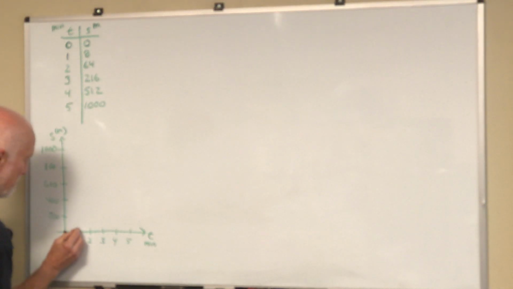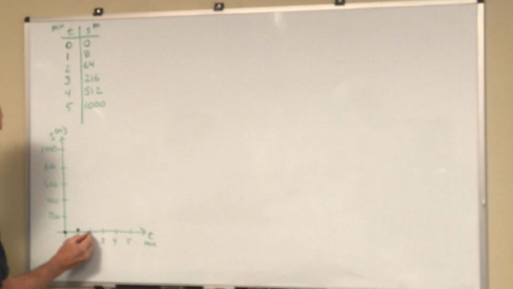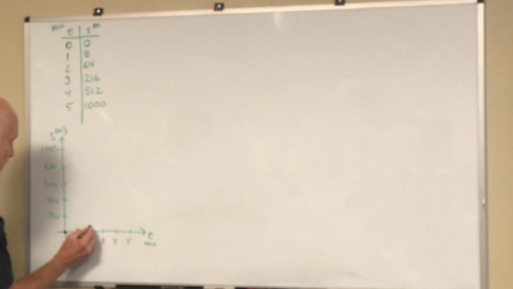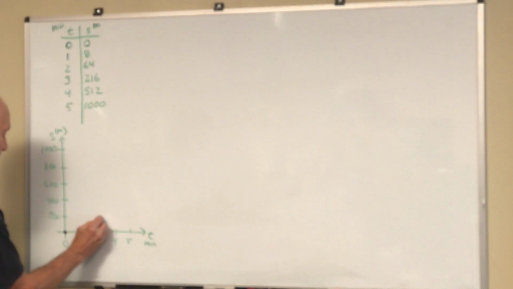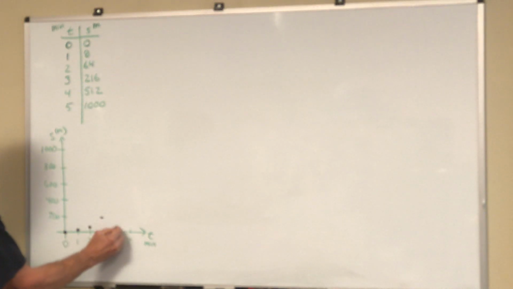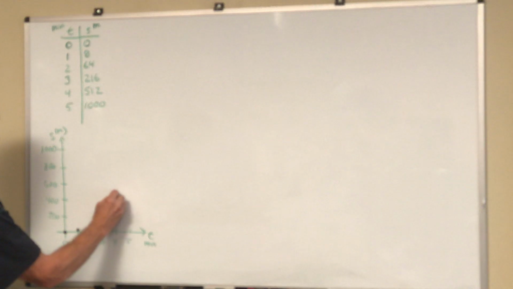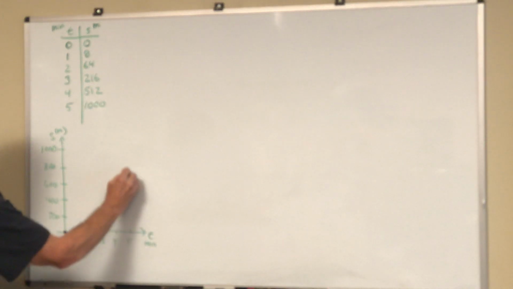At 1, we were just barely getting started. At 2, we were at 64, so still not too far up. At 3, we had moved up to 216. At 4, we were at 512. And at 5, we were all the way up to 1,000.